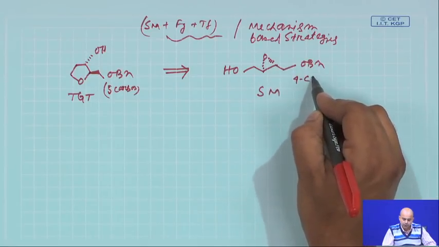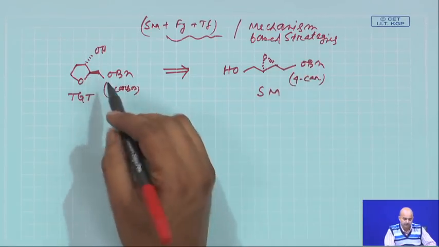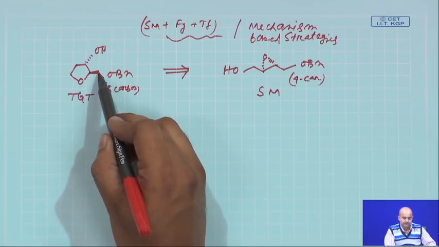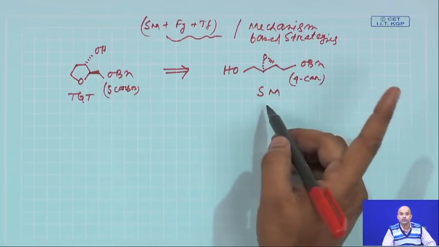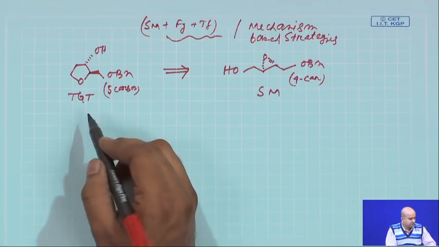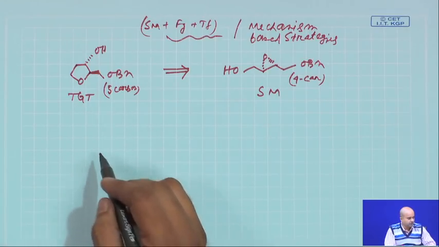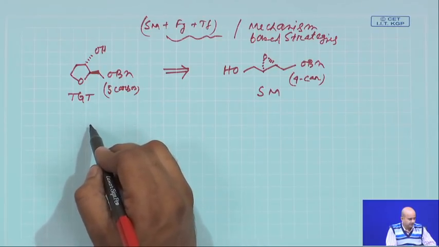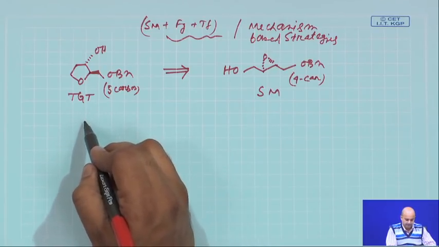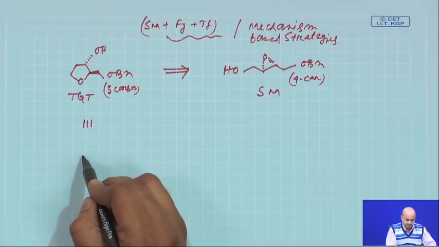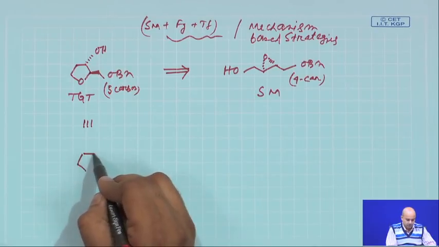So, the tetrahydrofuran, though it is 4 carbons, has a benzyl appendage with CH2OBn. This CH2 we initially did not count, so you need to add 1 extra carbon. Now, I will put the target molecule and we will see how this target can be made. I write this target molecule in a slightly different way.